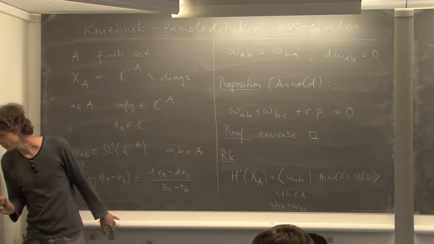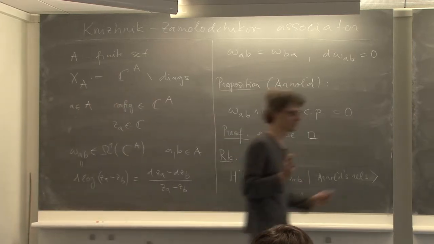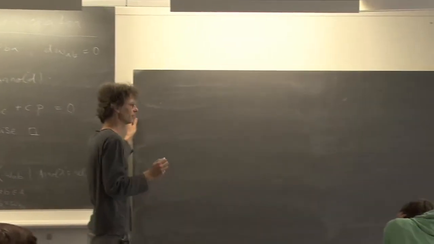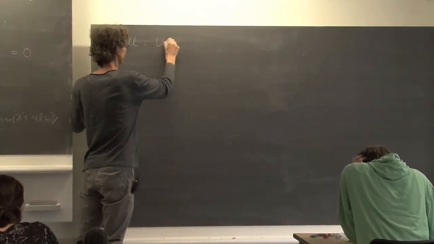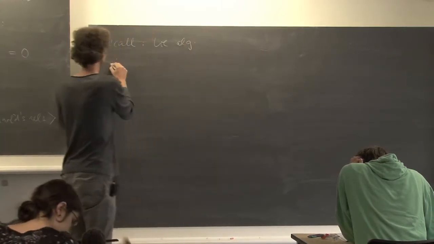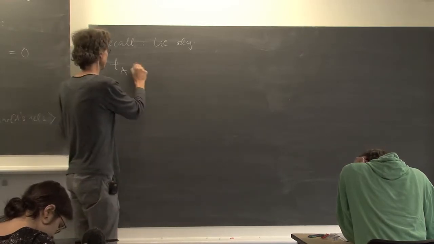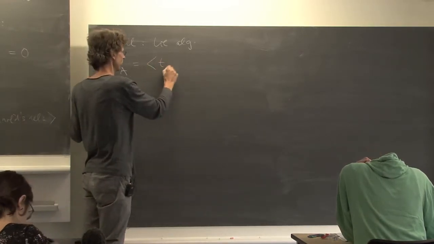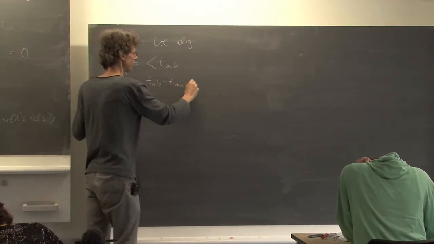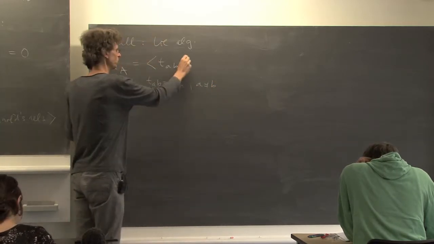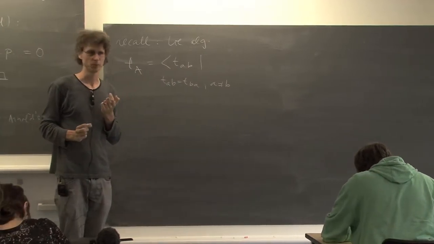And now we need to recall something that we met before. Sorry for that. So recall, there was this Lie algebra denoted by t_A, this Drinfeld-Kohno Lie algebra. What was that? That was something which was generated by t_AB, again with t_AB equal to t_BA, a different from b, so for any pair there is a generator, and modulo these infinitesimal Artin relations.